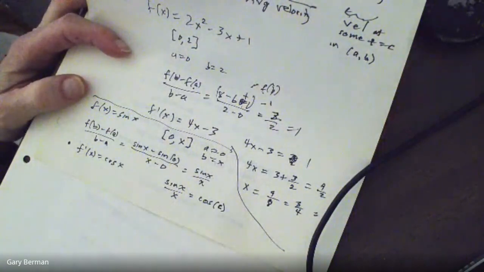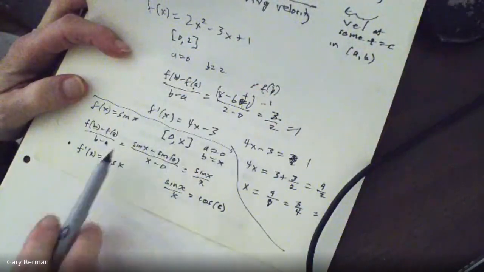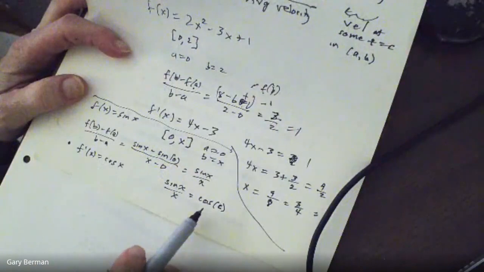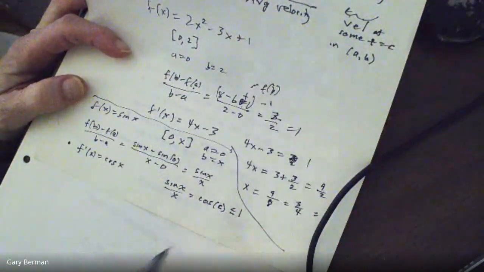But we know that cosine is always stuck between -1 and +1. So we're just looking at the interval 0, x, where everything is positive. So we know that the cosine of c has got to be less than or equal to 1.